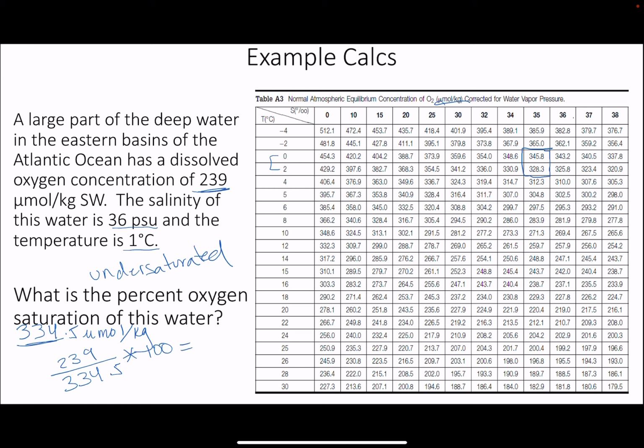And what that gives you is 71.4%. So this parcel of water is undersaturated, and its percent oxygen saturation is 71.4%.